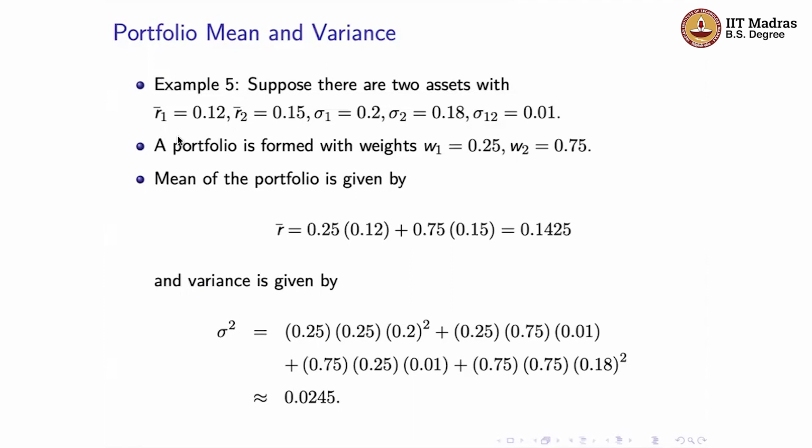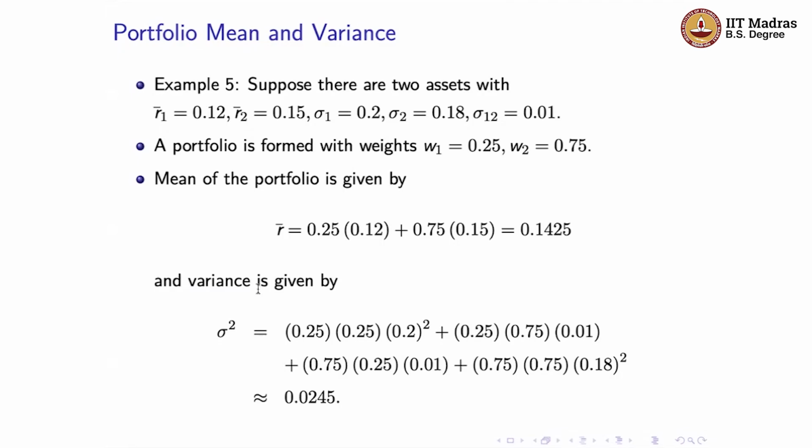Imagine that we form a portfolio with a weight of 25% on asset 1 and 75% on asset 2. Therefore, the mean of the portfolio is given by the weighted average of these rates of return. So it's going to be 0.25 multiplied by 0.12 plus 0.75 multiplied by 0.15. If you do the calculation, that's equal to 0.1425.